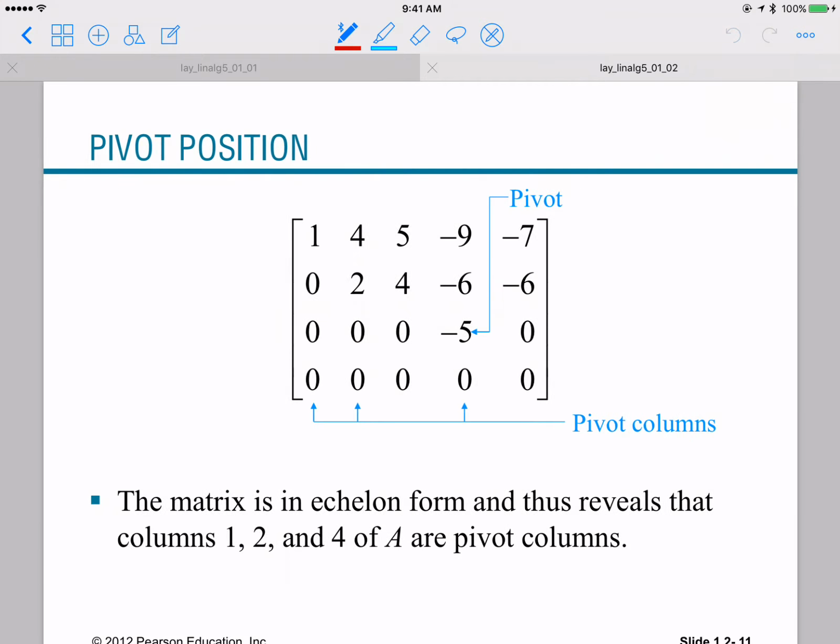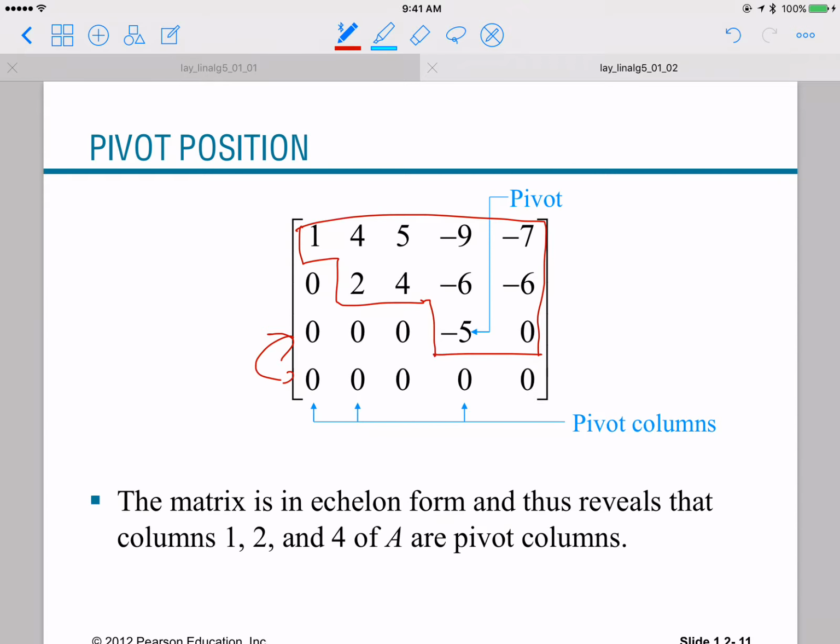Okay, and this is the result after switching between the third and the fourth row, and our staircase has been completed. So far this is a leading entry, and this is an echelon form.